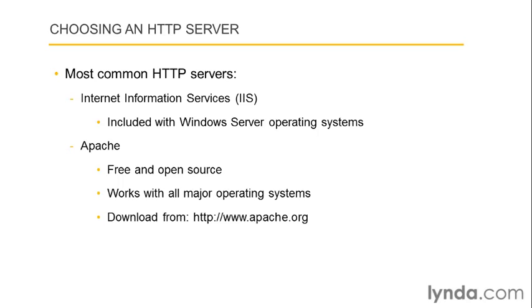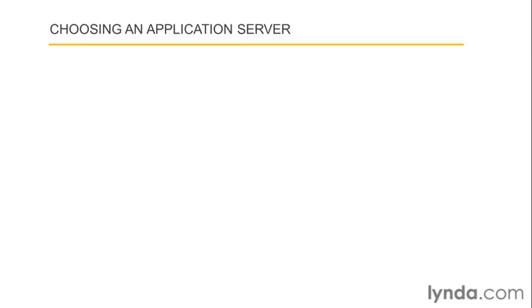You can download Apache for free from http://www.apache.org. You don't need to register or otherwise report the usage of this software. You can also get Apache in many bundled distributions that include Apache, PHP, and MySQL. I'll describe these in a separate video.